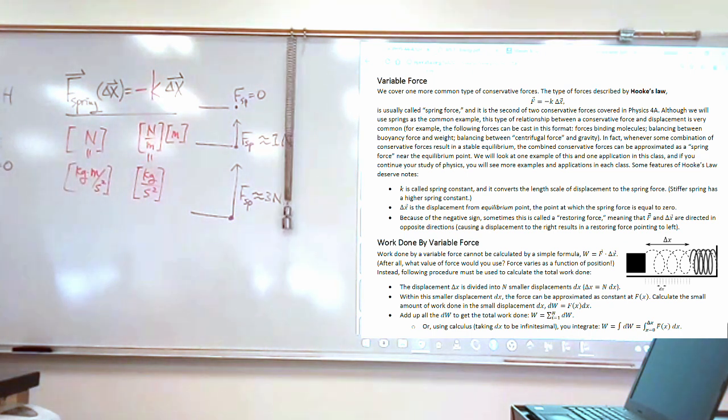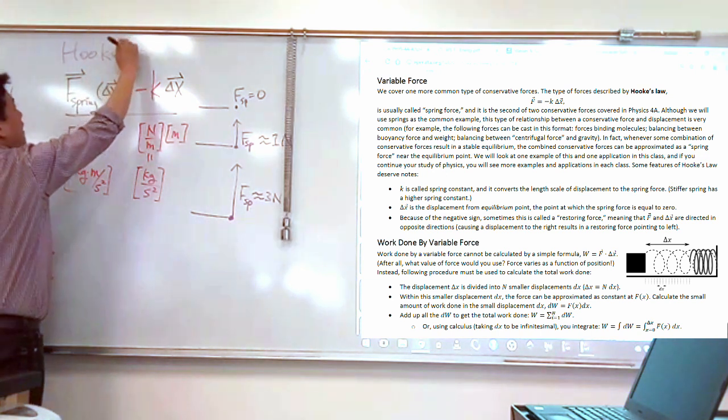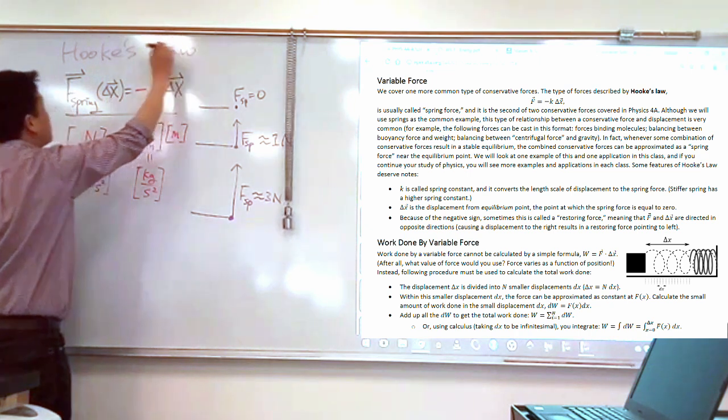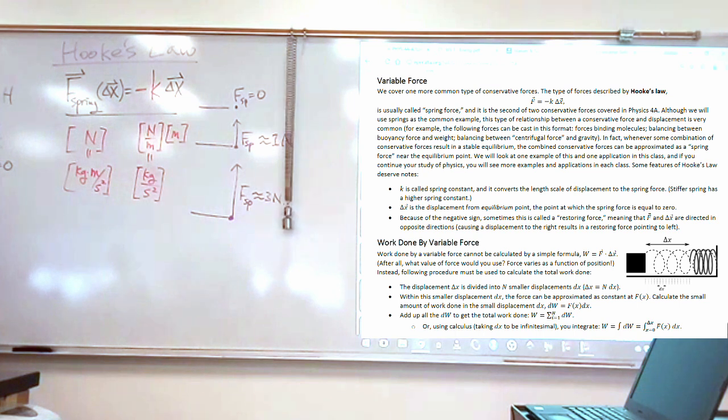This is something you might have seen in other physics classes before. If you remember the name Hooke's law, this is what it is, because a guy named Robert Hooke, who lived at the same time as Newton, was the guy who came up with this. But that's Hooke's law.